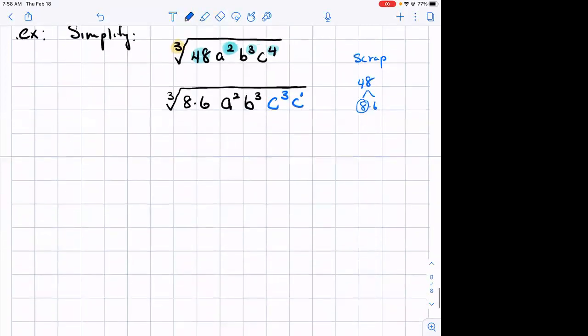Okay, so if I rewrite my radical now, my cube root, okay, 8 I know is a perfect cube, so I take the 8 out. And the ones that are not, I put them under a different radical. 6 is not.